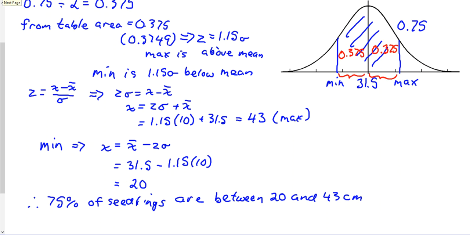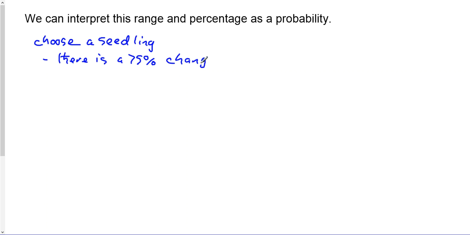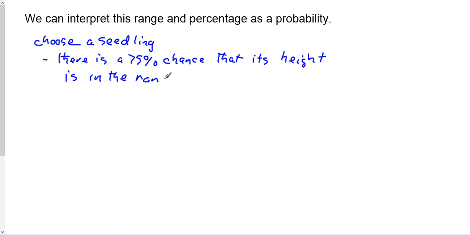Now, we can think about that number as a probability. What this means is that if we choose a seedling at random, what we know is that there is a 75% chance that its height is in the range that we calculated in the previous question.